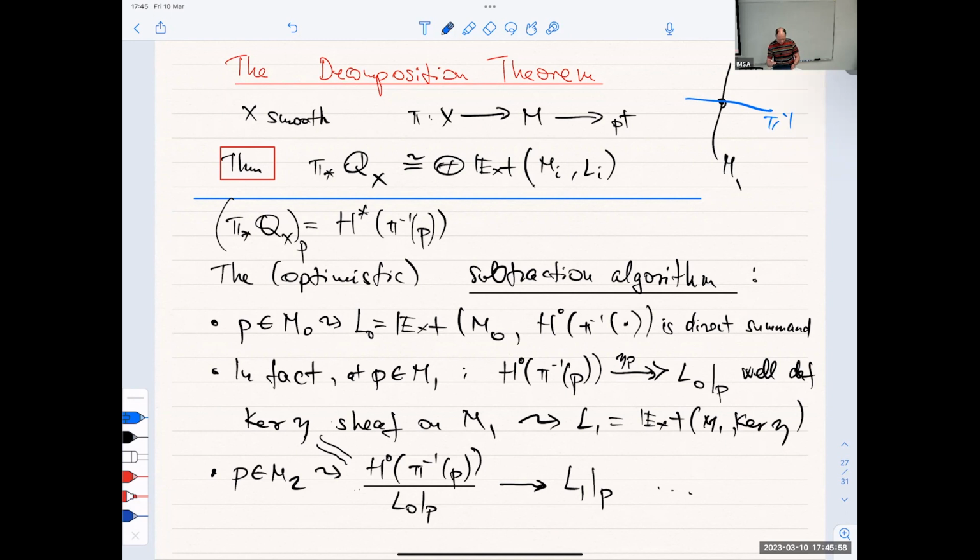So basically a map from pi inverse of the slice minus the point into pi inverse of the point.